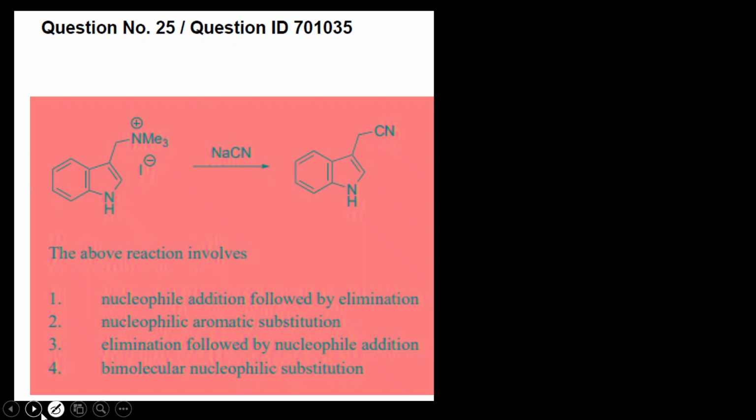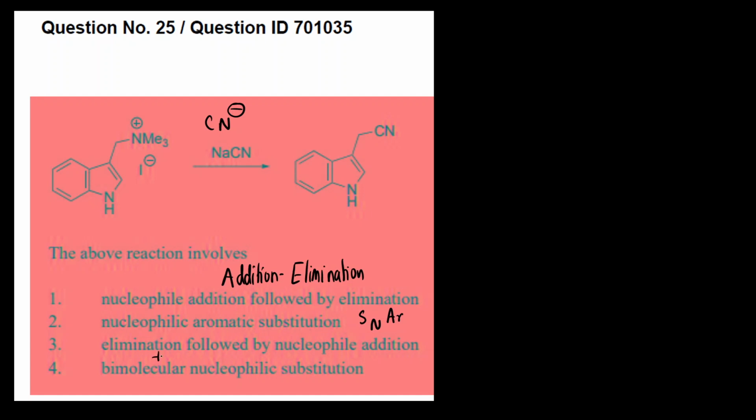Next one. Here, the question is, this is a reaction that is given. The nucleophile is cyanide. They are asking the mechanism: whether it is nucleophilic addition followed by elimination, that is addition elimination, or nucleophilic aromatic substitution, that is SNAr, or elimination first.